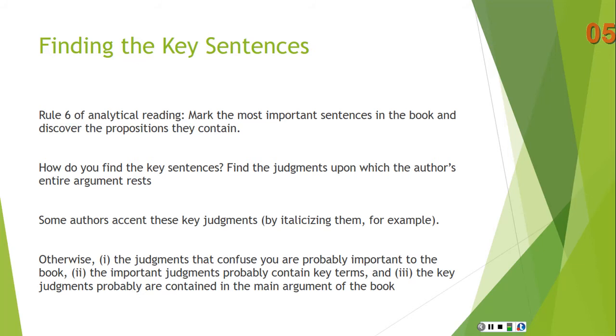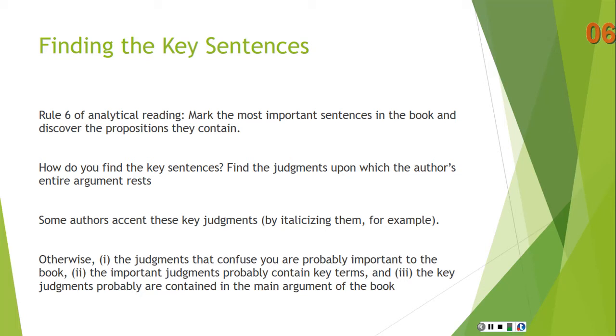But if they don't do that, you can still find the key sentences, and there are various ways you can do that. One, the judgments that confuse you are probably the judgments that are important to the book. So if you're reading a book that's above your level, the author's story about how he decided to write this book, that's not going to be a key judgment. But the author's key claim will be something you don't immediately understand and something you're going to have to wrestle through.